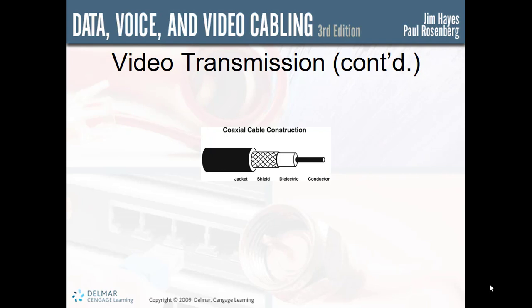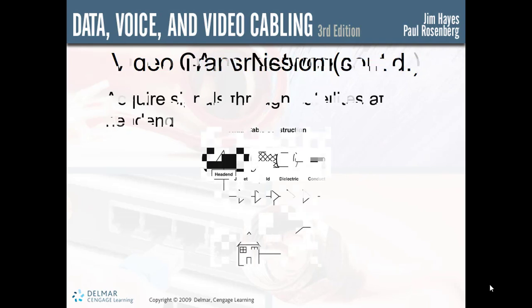If we assume that your station is channel 13, it must send its programs in the 210 to 216 MHz slot. So before sending the signal to the antenna, it must change the 6 MHz signal to a 210 to 216 MHz signal. Now the conversion is done with a special electronic device called a modulator.